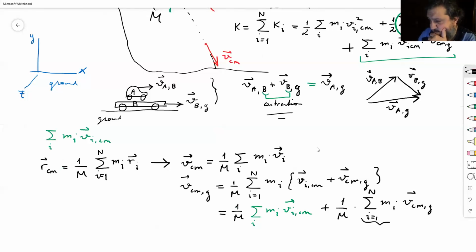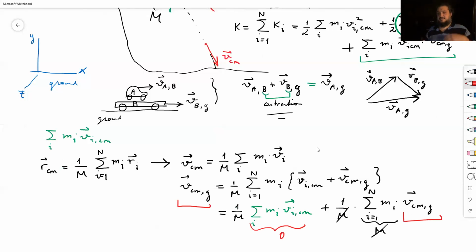But this is nothing but m, which cancels that. So on the right-hand side, I basically have v_cm,g, which I have on the left-hand side as well. So this can only happen if this term is 0.